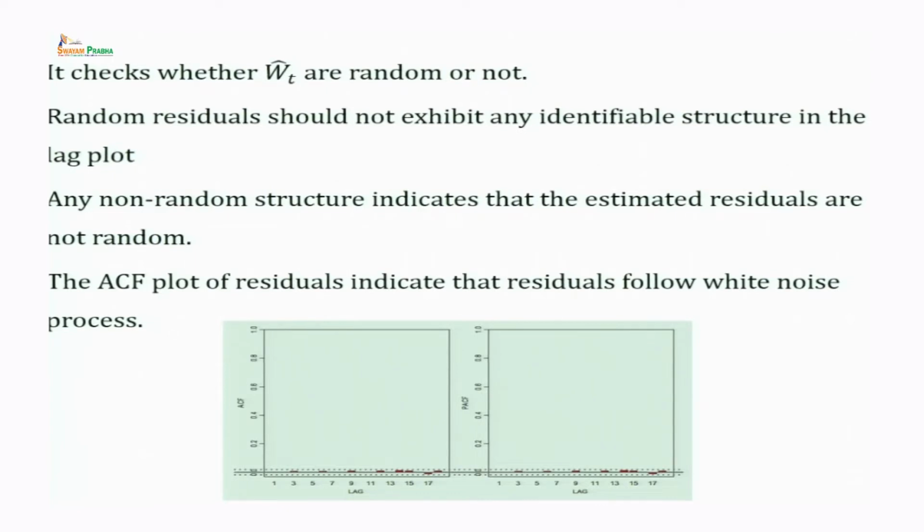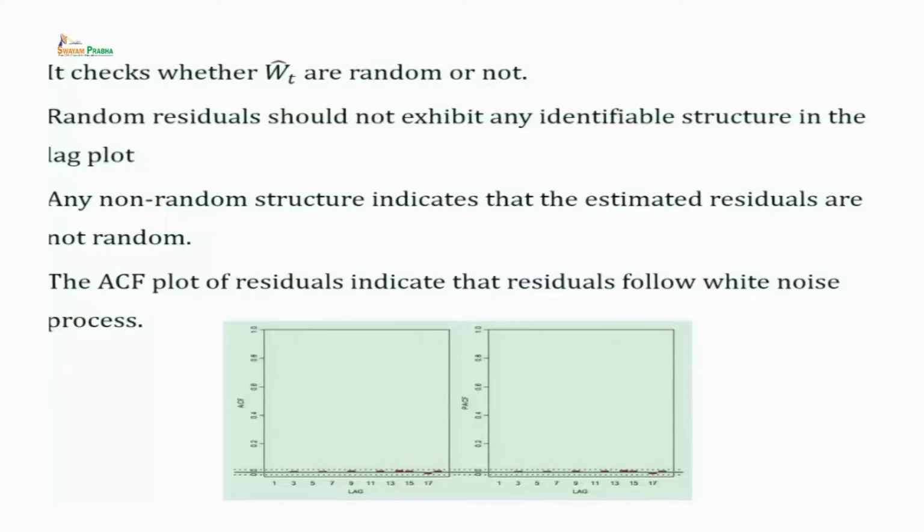Now, for our example, both ACF and PACF are insignificant. These ACF and PACF look like the ACF and PACF of a purely random process. So, you can say that these residuals follow a purely random process or your fitted model is appropriate. You have fitted an appropriate model, a true model.